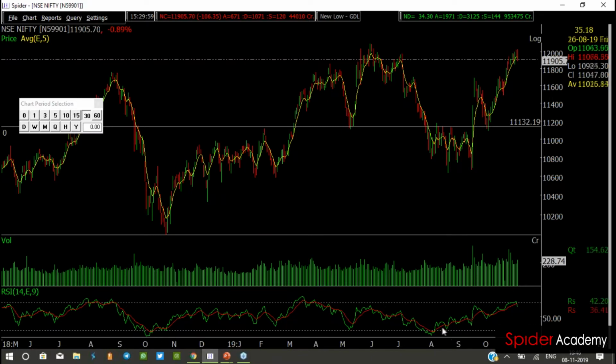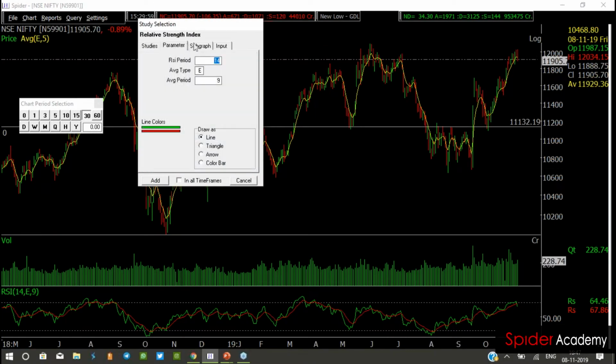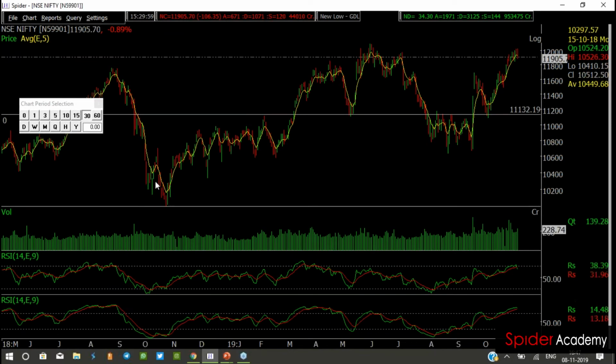Too many crossovers happening. So to avoid these crossovers, I'm adding the RSI again, but this time I'm changing the input to a smoothened moving average. And here, we do not have too many crossovers happening. So the more smoothened data you take in, the fewer the crossovers would be, and it would be better to judge which system is working better for the stock that you are taking into consideration.